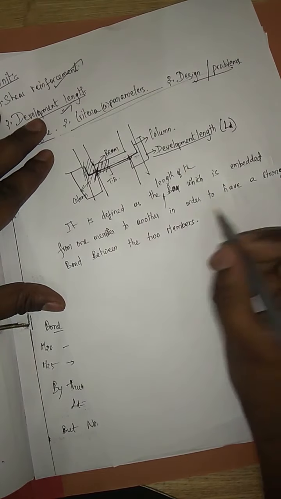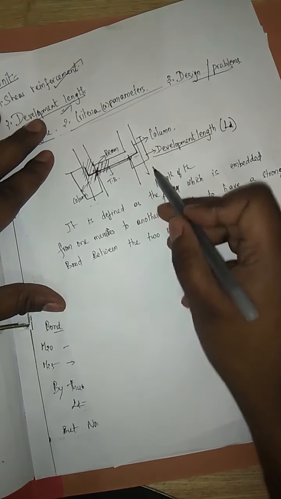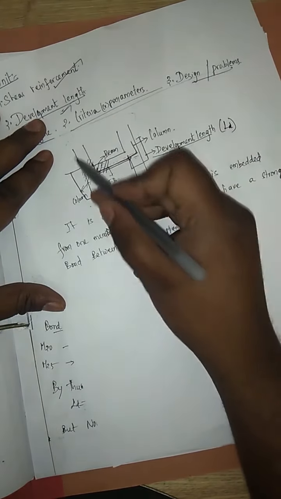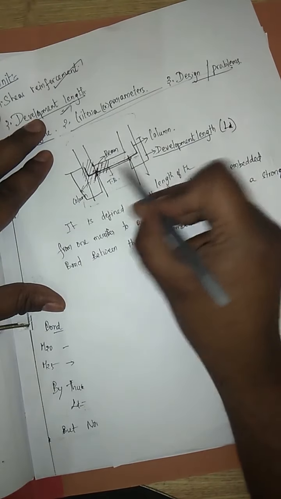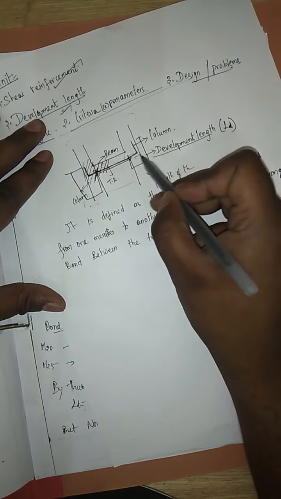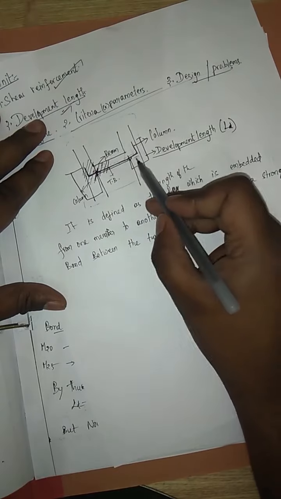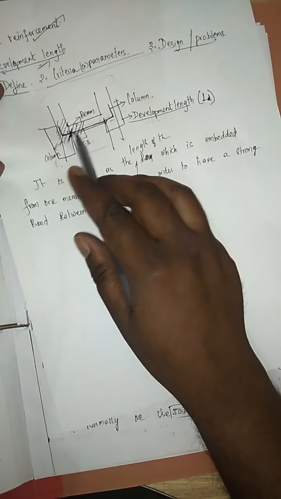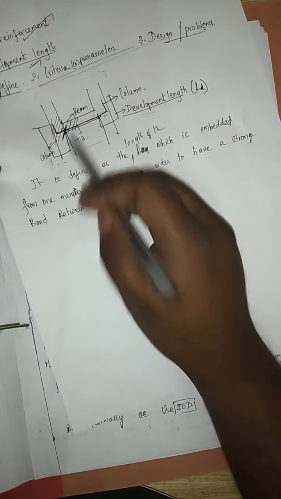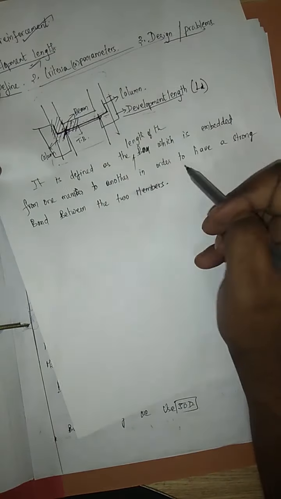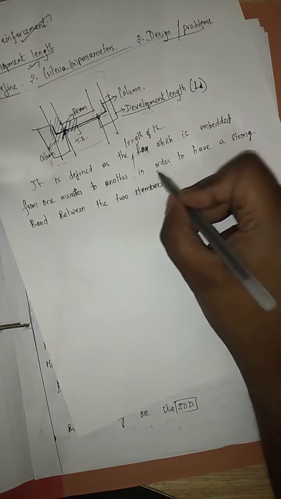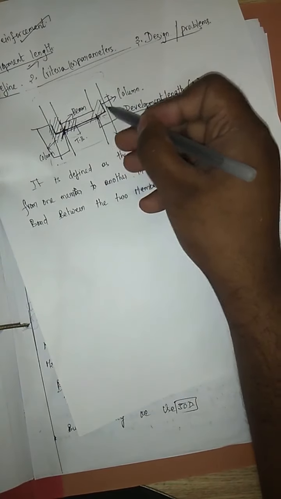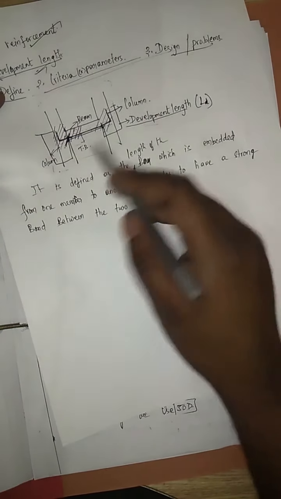Understand it? You can draw this diagram also. This diagram is very simple: one column, two columns, a center beam, draw the rod and mark the parts. This length in the column is called the development length, and this is the beam. So it is defined as the length of the bar which is embedded from one member to another in order to have a strong bond between the two members.